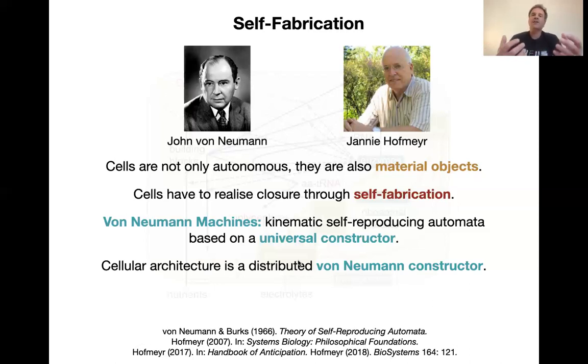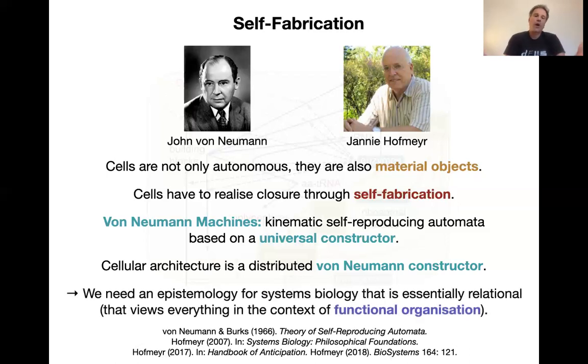So basically, cells are, in this view, I don't like the idea of a machine because this is unlike any machine we've ever built or maybe will ever build. But this idea of a self-constructing entity, let's call it. And so what Yanni points out in his paper is that we need an epistemology for systems biology that is essentially relational.